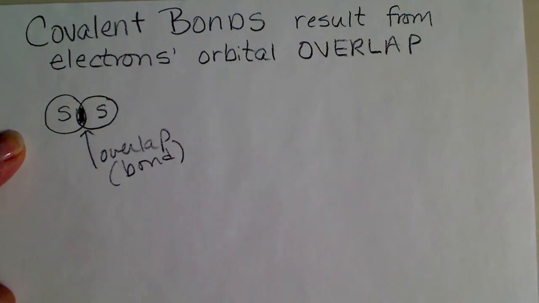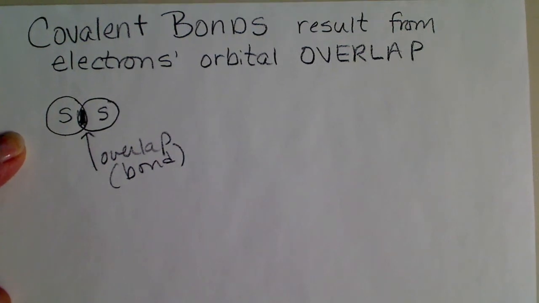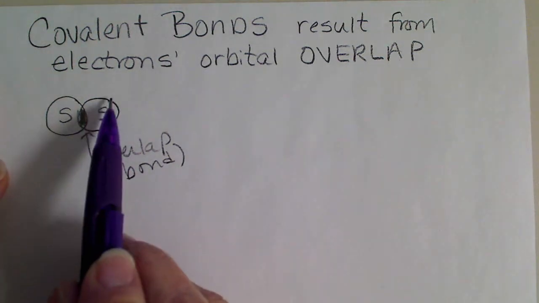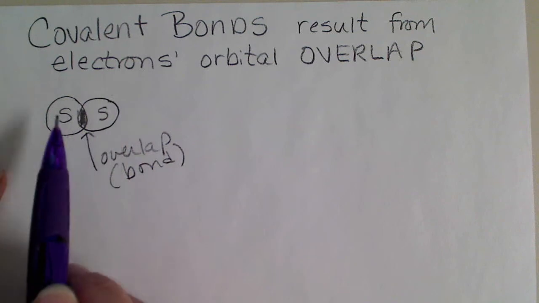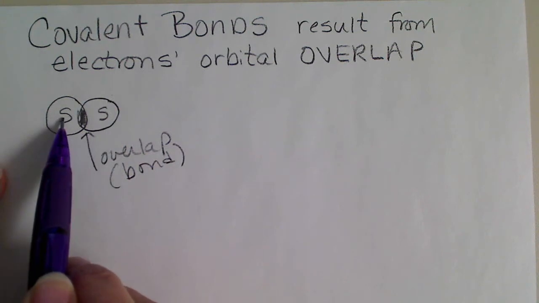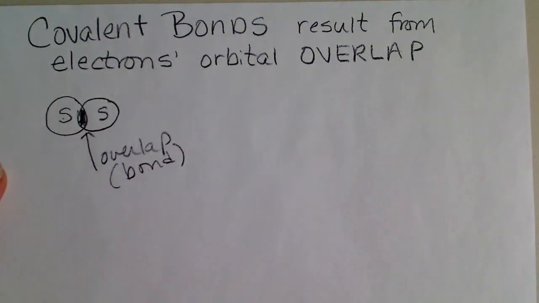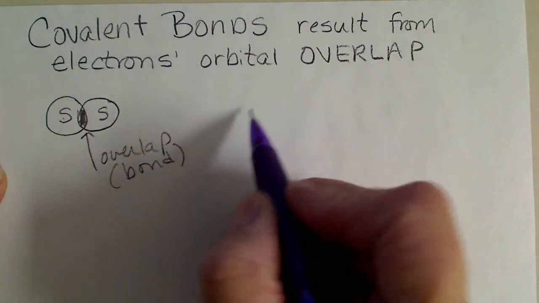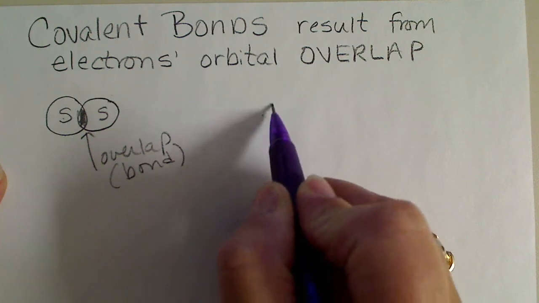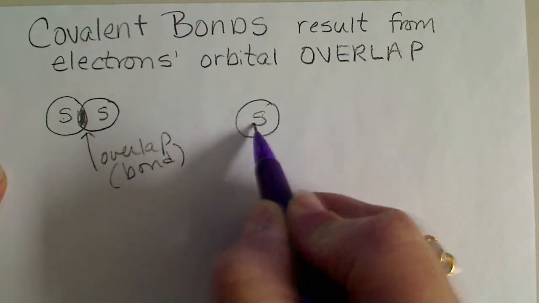And we might think, since electrons repel each other, that two atoms wouldn't want to share electrons, but the electrons on one atom are attracted to the nucleus of another atom. So this still is a positive attracts negative idea. So an s orbital could also overlap a p orbital.